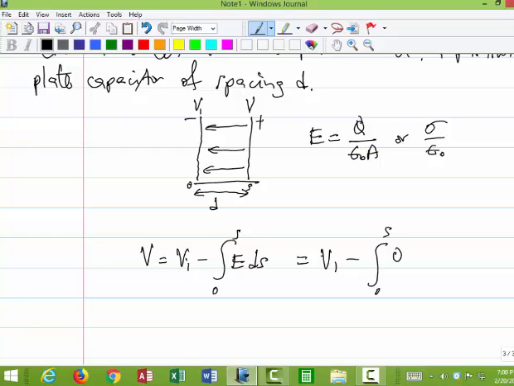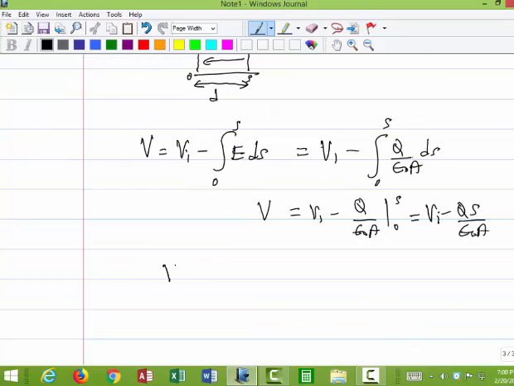So this is the integral of Q over epsilon naught A ds, which is V initial minus Q over epsilon naught A times S, from 0 to S. So V initial minus QS over epsilon naught A. This is your potential at some point.